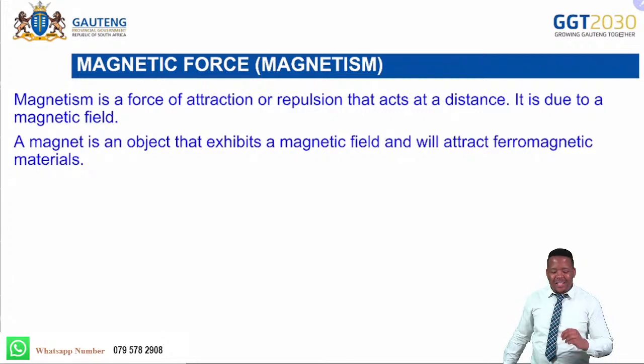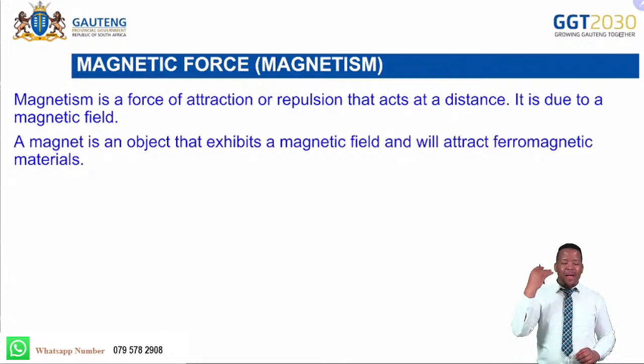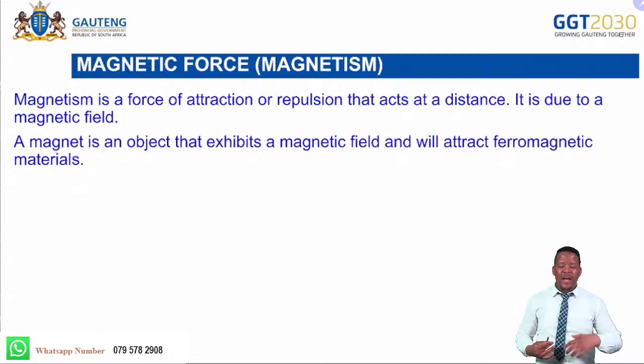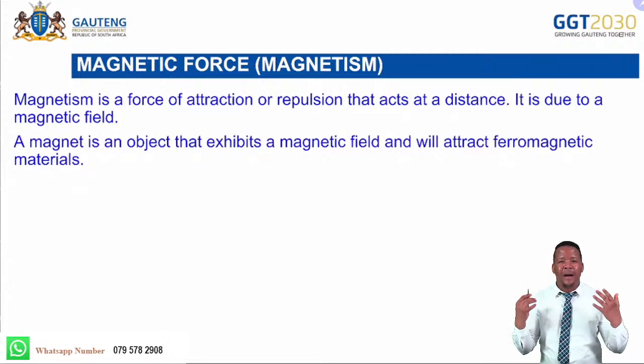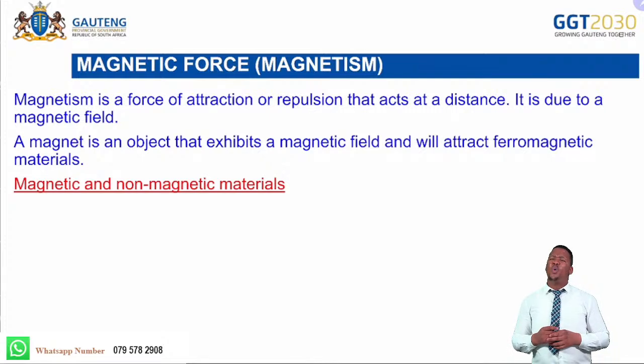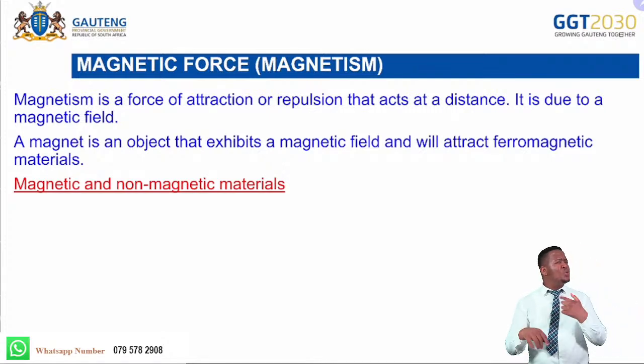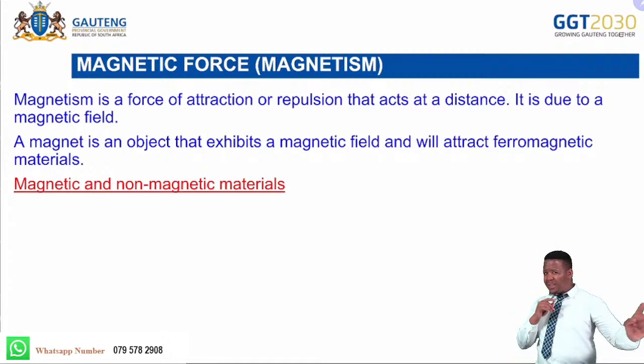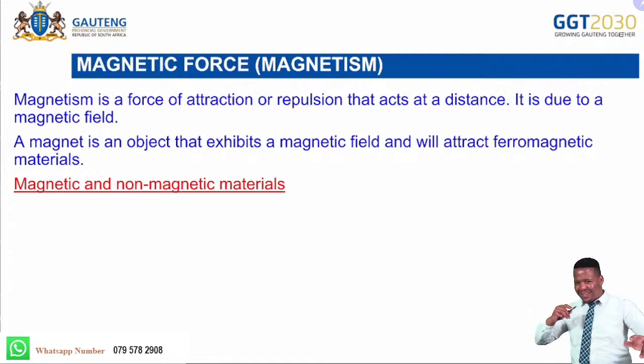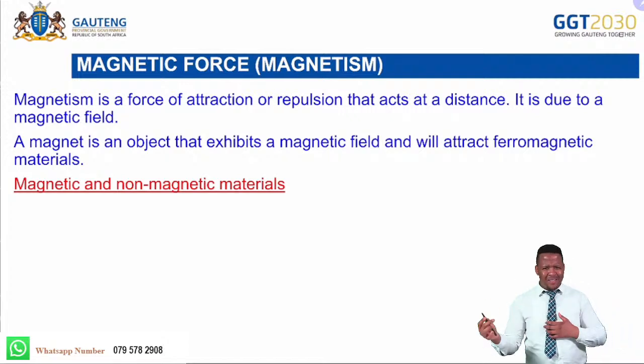A magnet is an object that exhibits a magnetic field and will attract ferromagnetic materials. So now we are talking about magnetic materials and non-magnetic materials. Do you know the difference between a magnetic material and a non-magnetic material?